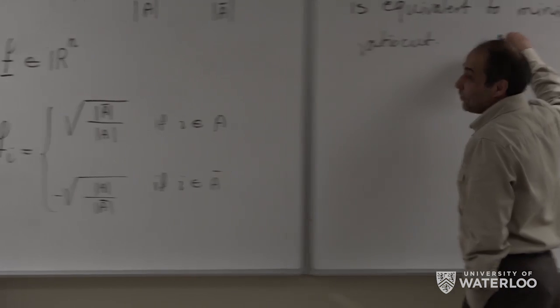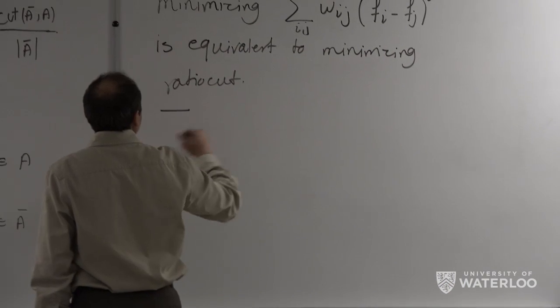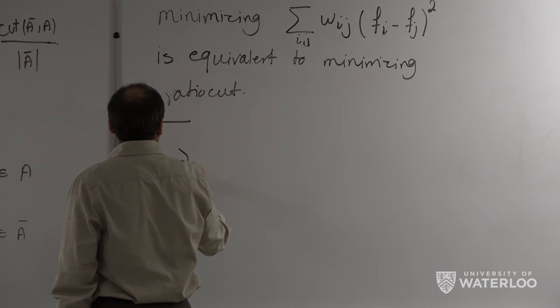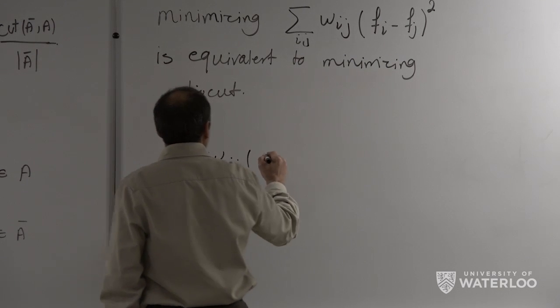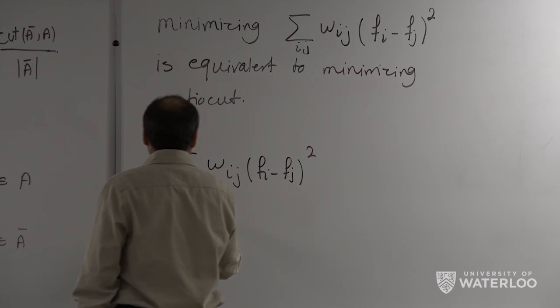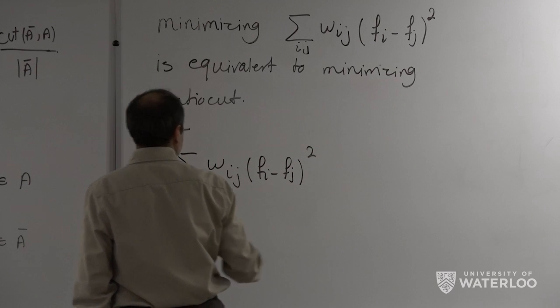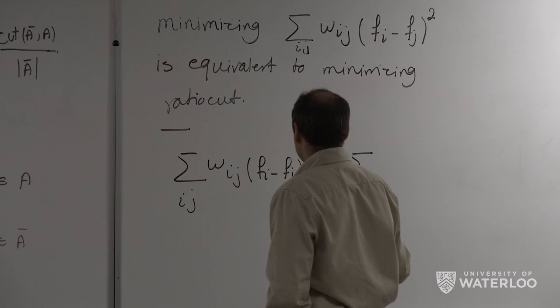Okay, let's prove this claim. If I write this objective function, w_ij (f_i minus f_j) squared over all i and j's, I can write it as two parts.